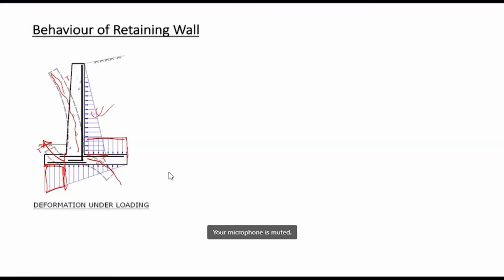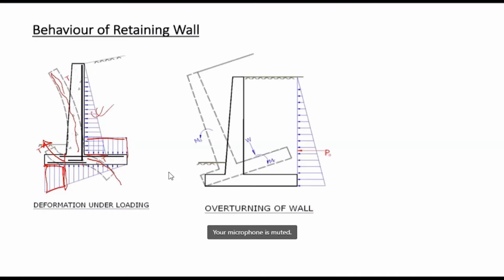Now we will also have to check the stability of the retaining wall. There are two possibilities. The first is that the retaining wall will have a tendency to overturn about this point A. The disturbing force will be this active earth pressure, and the restoring force will be the force on the base due to this soil.